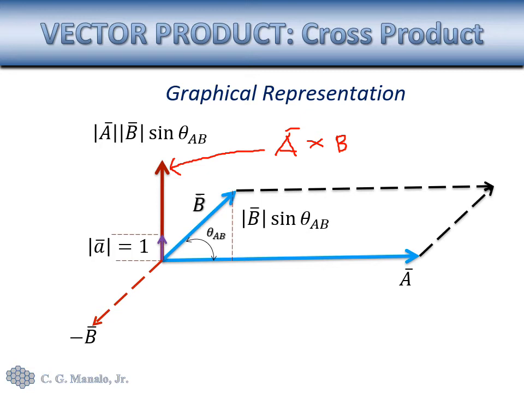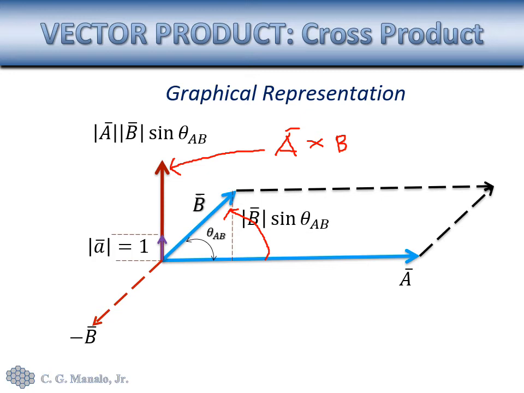This direction is the same as when you turn a screw from vector A going to vector B, like that. That will result in the direction of the screw going upwards.